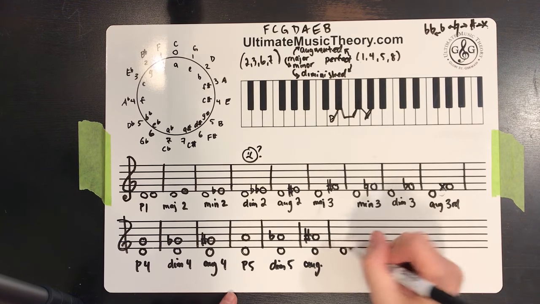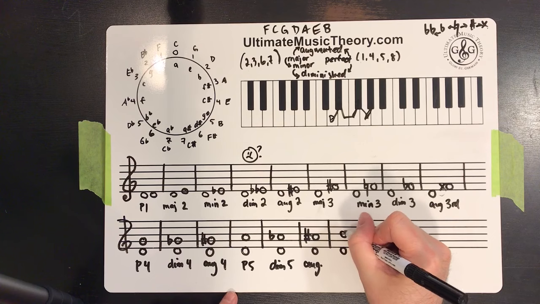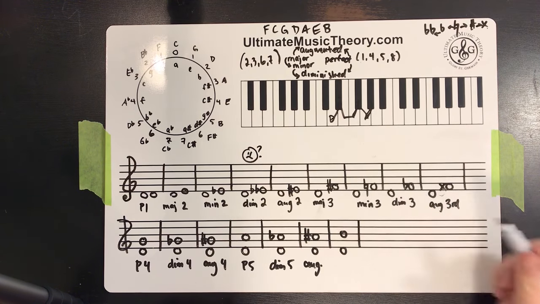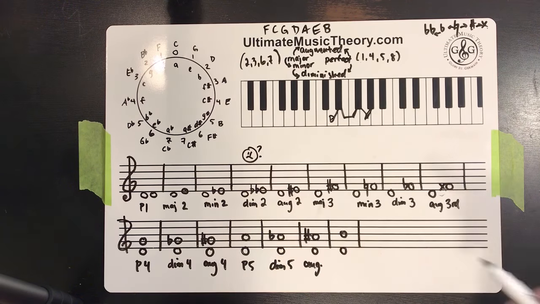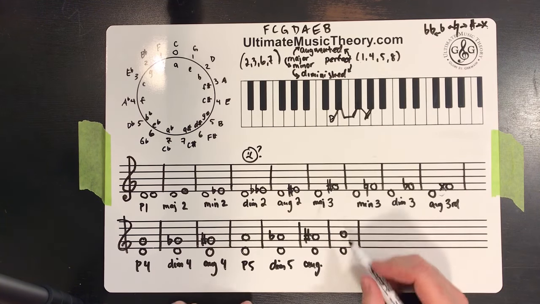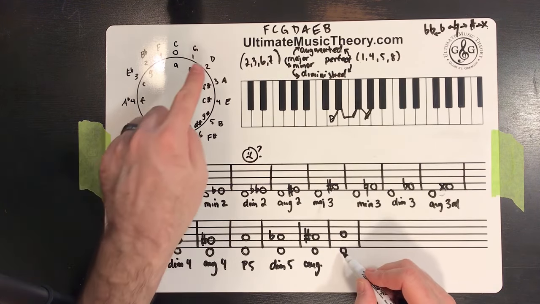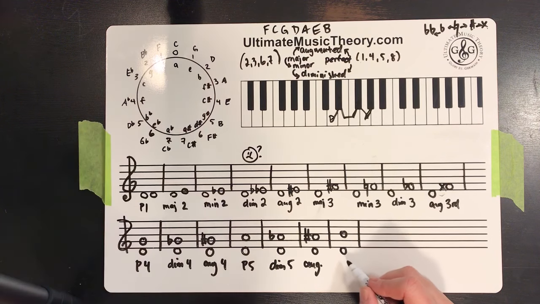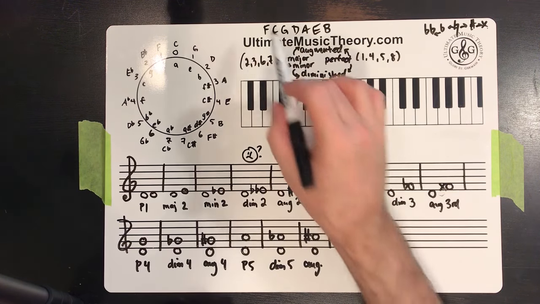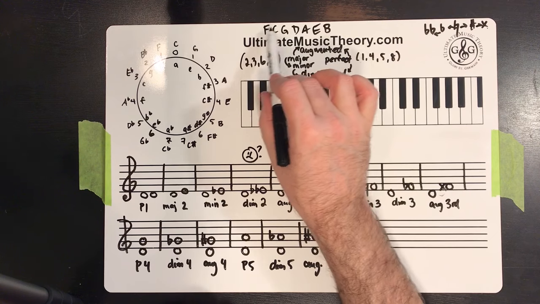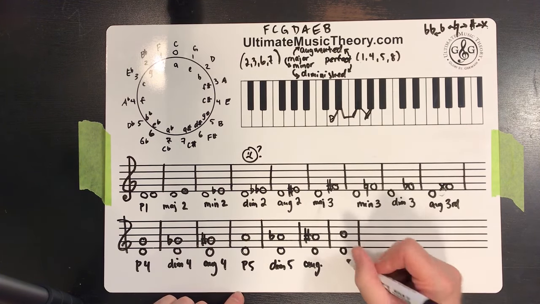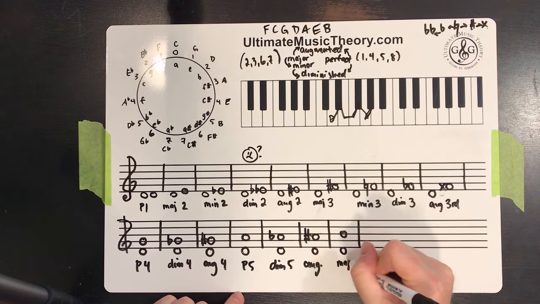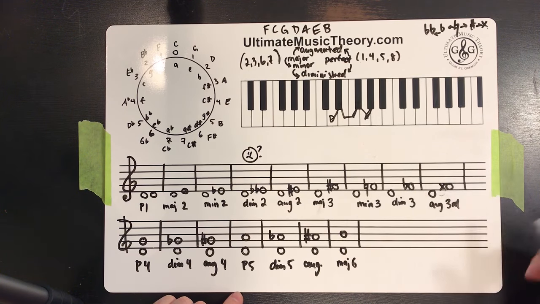So now if we go to a sixth, sixths aren't perfect. A sixth is going to be major and minor. So let's look at this note. We're in D major. It has 2 sharps. This note here is B. Sharps are F and C. B is not in the key signature. So if we leave it the way it is, this is a major sixth.